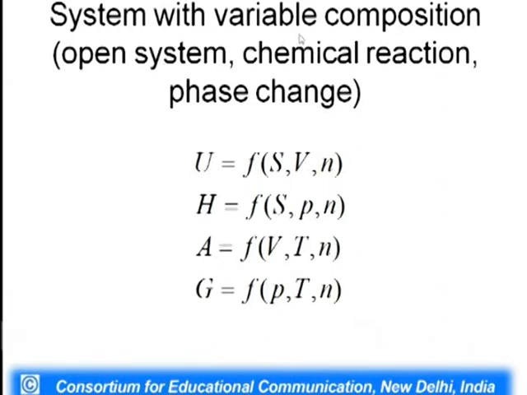So for a system with variable composition, U is a function of S, V and N. You can see the difference: now U is a function of N also. Similarly, H is a function of S, P and N, A is a function of V, T and N, and G is a function of P, T and N.